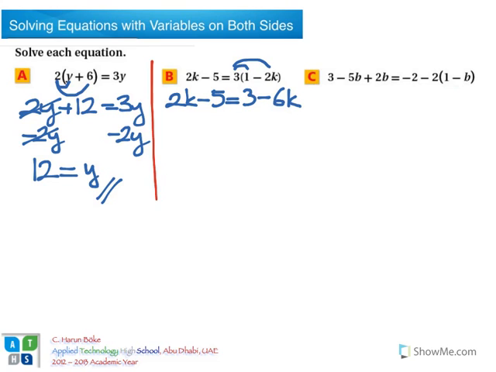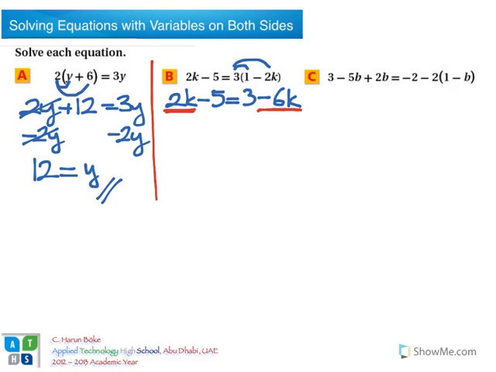Now, you can think that 6k here is bigger than 2k, but you have to consider it together with the minus sign. So this is minus 6k, this is 2k over here, 2k is bigger than minus 6k, so it is better if you cancel minus 6k.